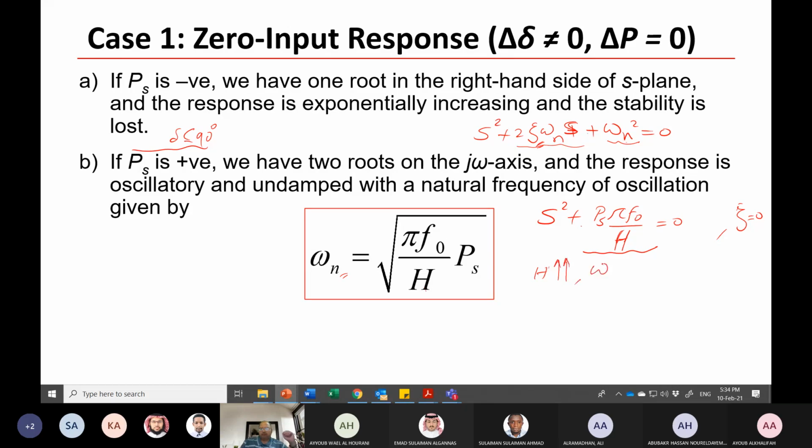What do you think the oscillation frequency will be? Definitely, the oscillation frequency will be very, very low. So this is the heavy machine. Actually, if you have an infinite bus where H equals infinity, then omega n equals 0. So there is no oscillation for the infinite bus.